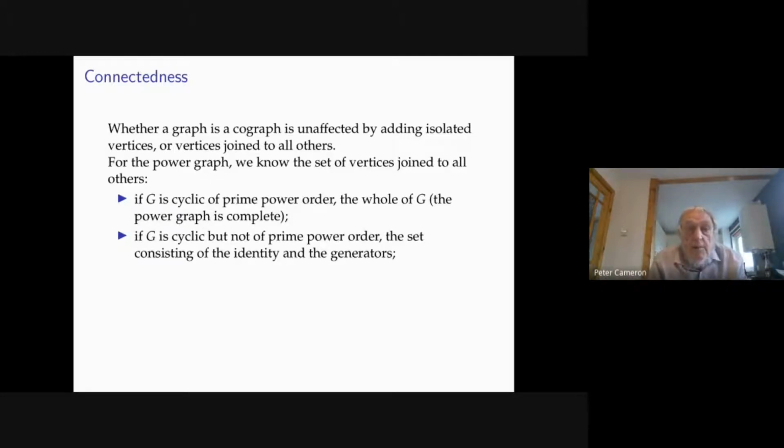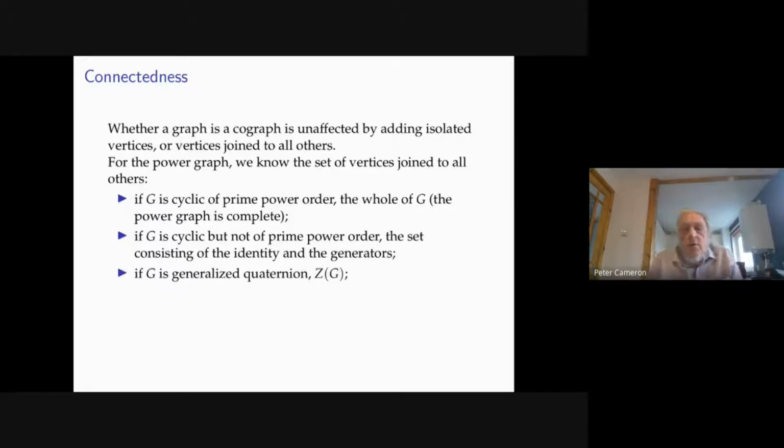If G is cyclic but not of prime power order, then the vertices joined to all others consist just of the identity and the generators of the cyclic group. We went through this example of the cyclic group of order 6 last time, and we said that the vertices joined to all others are the identity and the two generators.